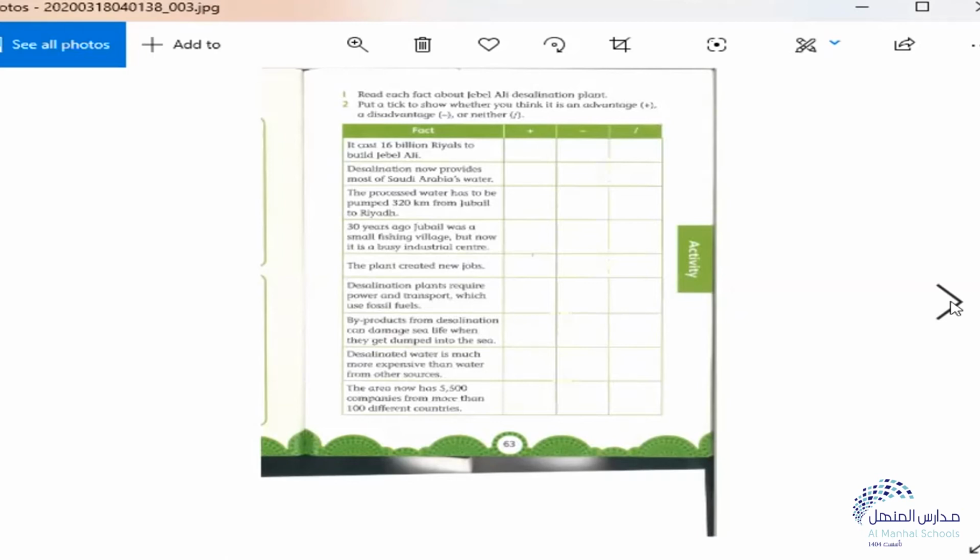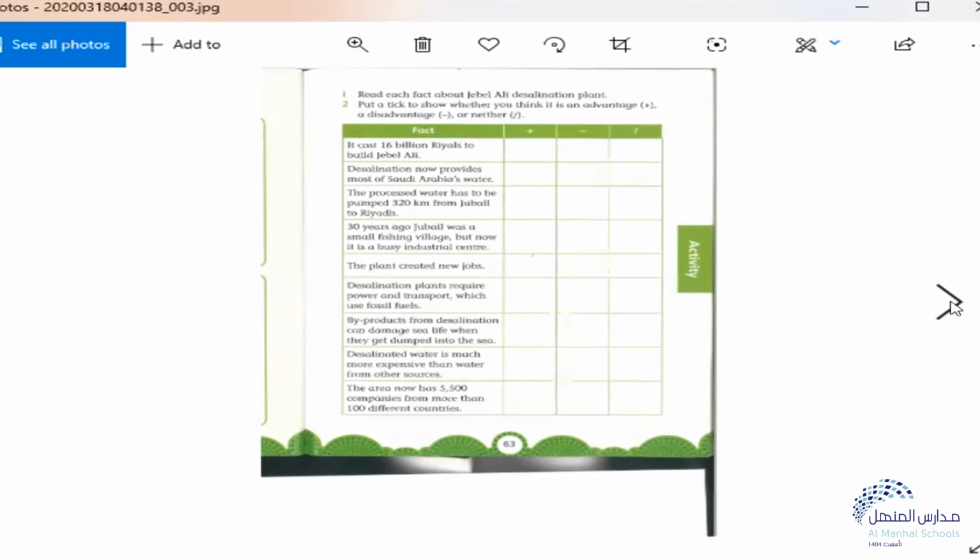Now let's look at page 63. What you must do there? You must put a tick, advantage or disadvantage. It costs 16 billion reals to build Jebel Ali. You can say it is an advantage, a plus, because it's going to be useful for drinking water, for bathing, for cooking.